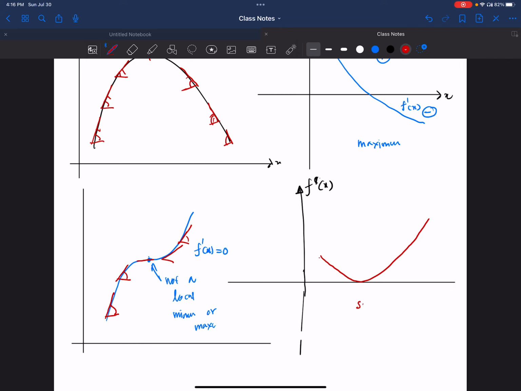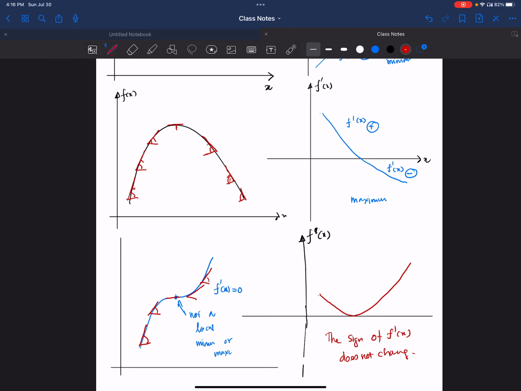The sign of f prime of x does not change. It's a point of inflection.